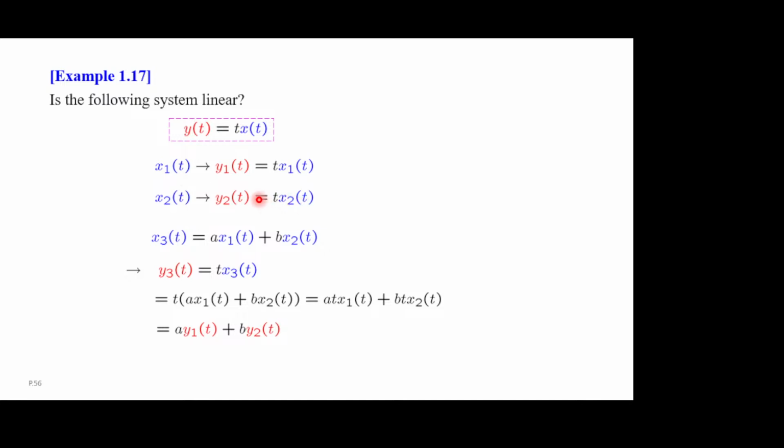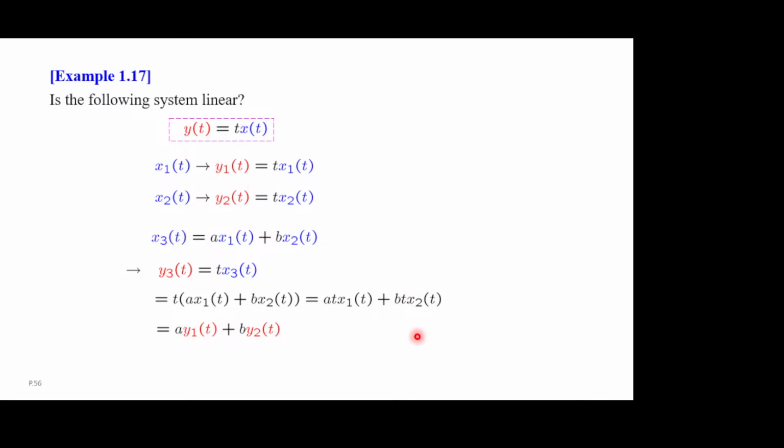We actually check the two relationships in one equation here, it's easier. Let's say we have x3 of t equal to a times x1 of t plus b times x2 of t. Then the corresponding y3 of t should be t times this whole thing. Using the distributive law, that's a t x1 of t plus b t x2 of t, and t x1 of t is y1 of t and t x2 of t is y2 of t.